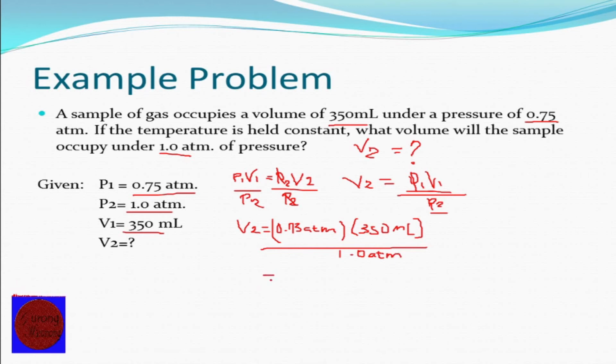So PEMDAS again. Let's multiply first. So 0.75 times 350 is equal to 262.5 atm milliliters over 1 atm.